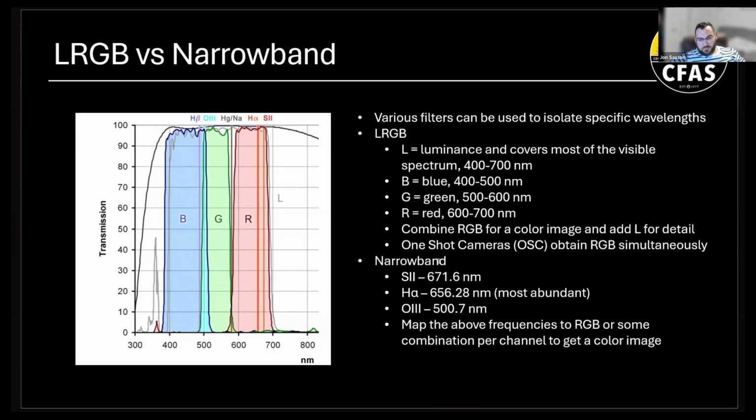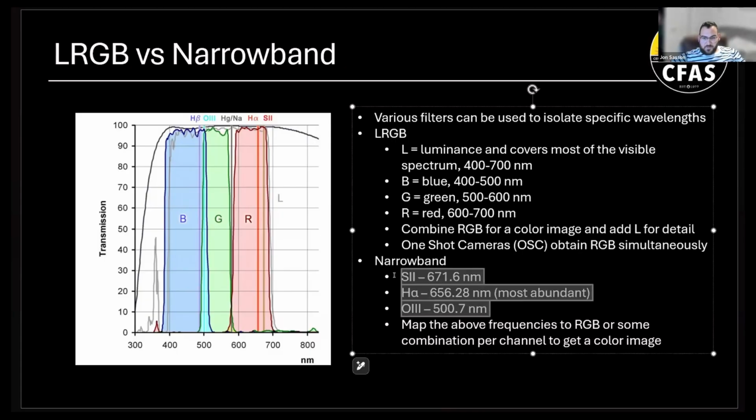So for one-shot color cameras, you'll notice that the filters won't be just H alpha and O3, so you'll capture a little bit of O3. And then for narrowband, you capture light with these filters, and then you map these frequencies to some RGB combination, or any combination you want per channel, to get a color image.